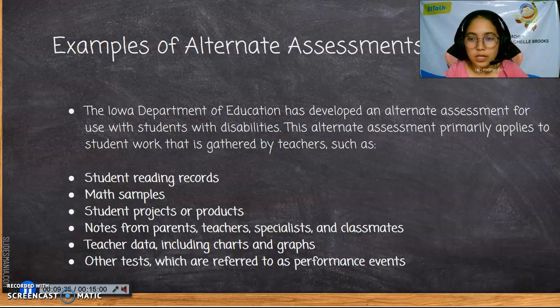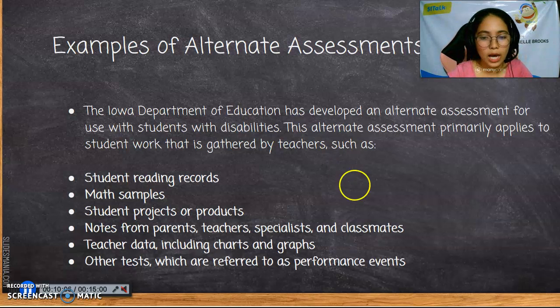This alternate assessment primarily applies to student work that is collected by teachers, such as student reading records, math samples, student projects or products, notes from parents, teachers, specialists, and classmates, teacher data, including charts and graphs, and other tests which are referred to as performance events.